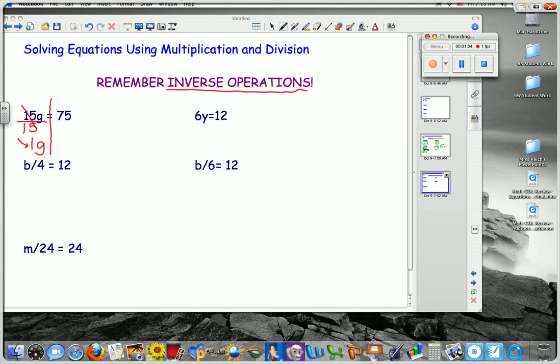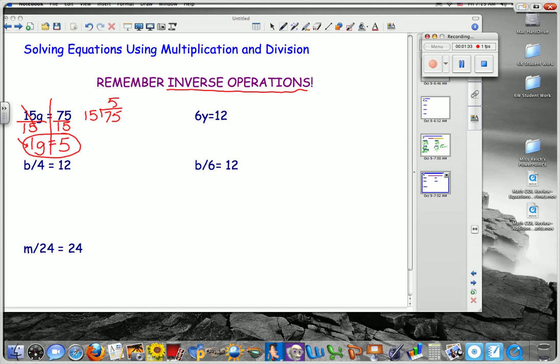I'm just showing you that when you divide 15 by 15, it turns to 1. And that equals 75 divided by 15. When you divide 15 into 75, you should get 5. So g equals 5. And if you put 1g equals 5, that is fine as well.